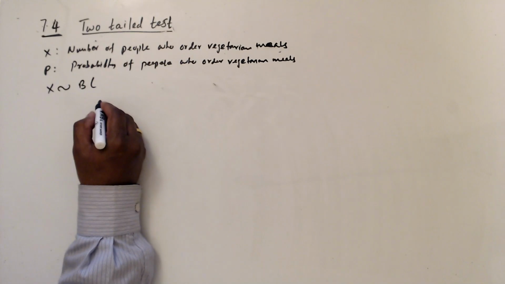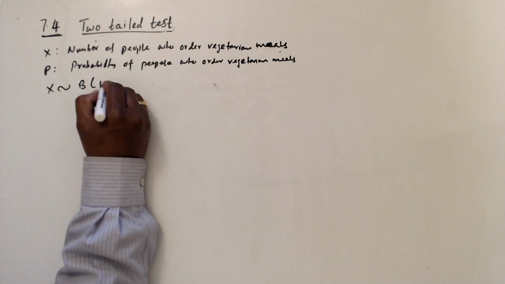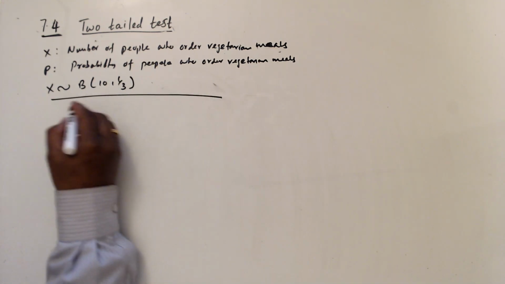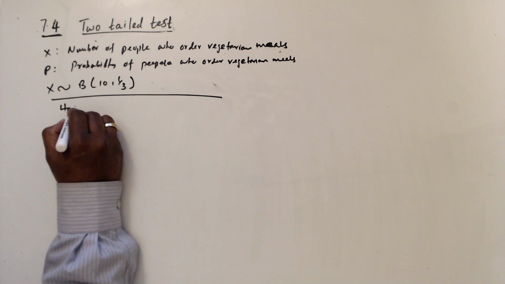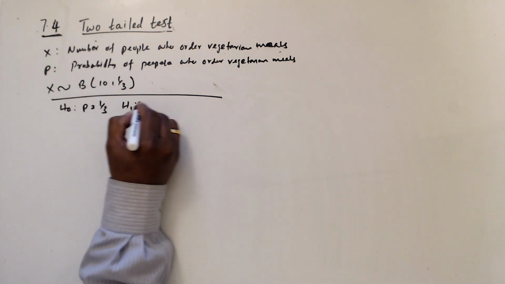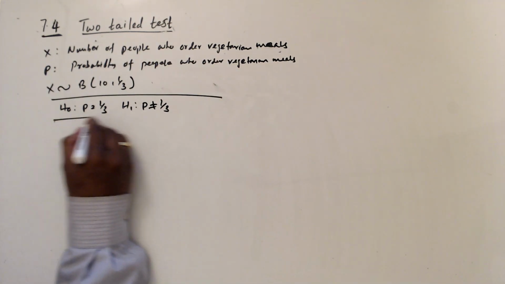X follows binomial 10, 1/3 as usual, and H naught is p equal 1/3, and H1 is p not equal to 1/3.